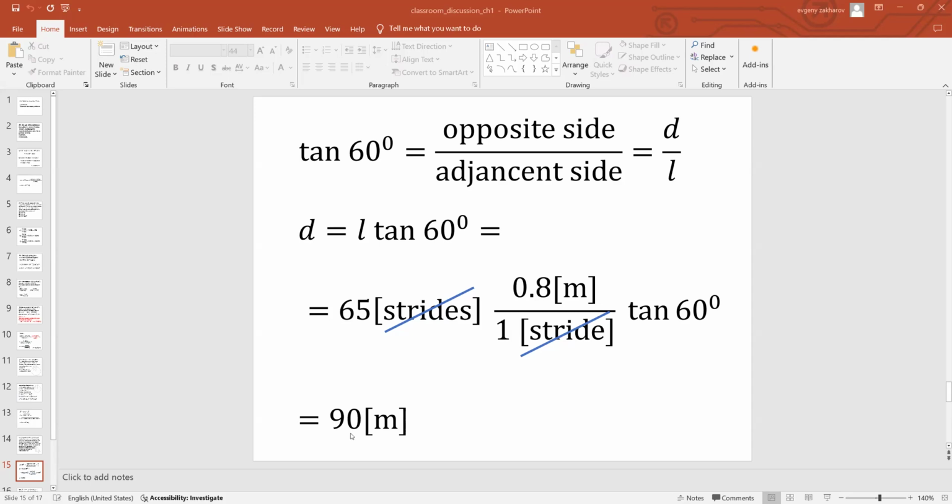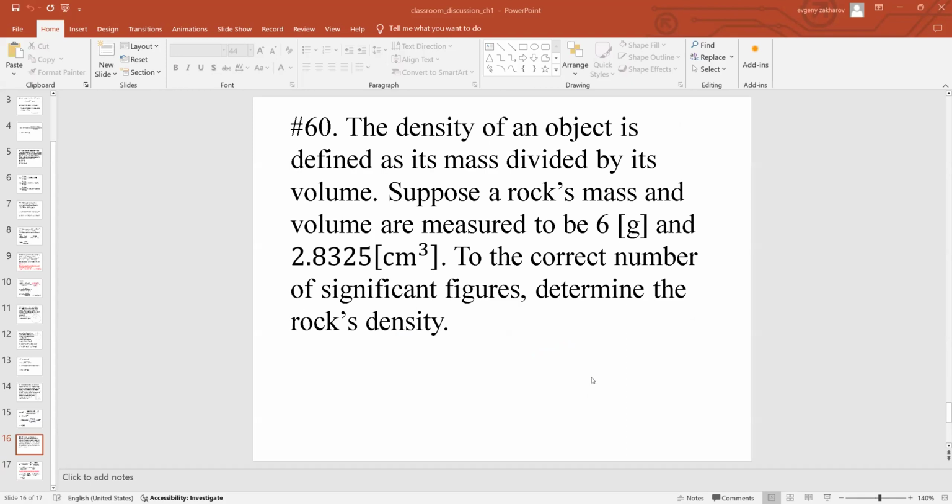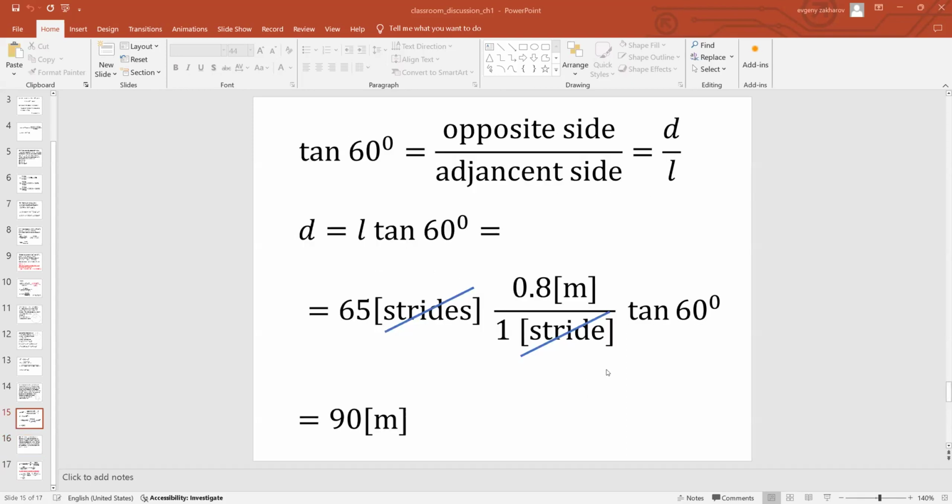If you want 2 sig figs, you want to say 9.0 times 10 to the 1. And units are meters. Questions? Comments? A little bit of trigonometry, which we will use later as well for calculating components of the vectors.